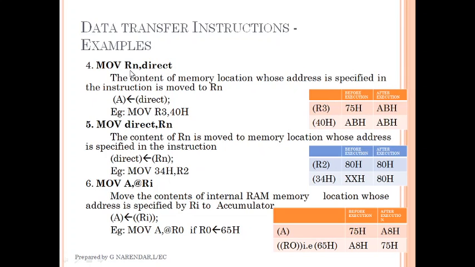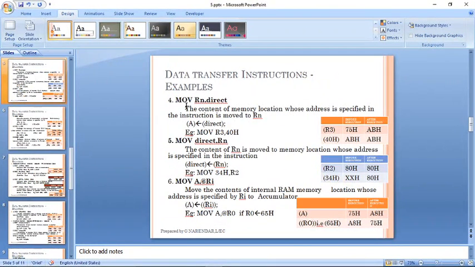Rn stands for R0, R1, R2 up to R7, any of these 8 registers. You can see the fourth instruction, MOV Rn, direct. That means the contents of the memory location whose address is specified in the instruction is copied to Rn.